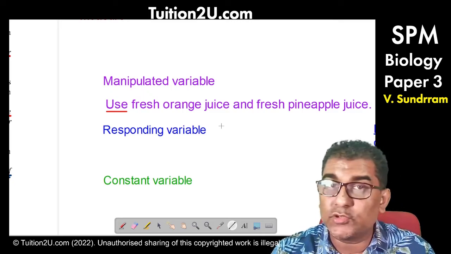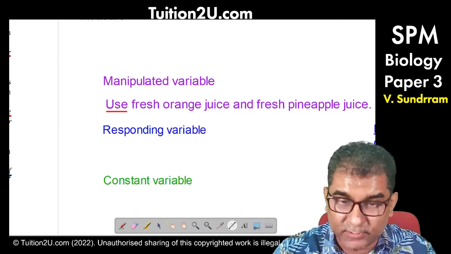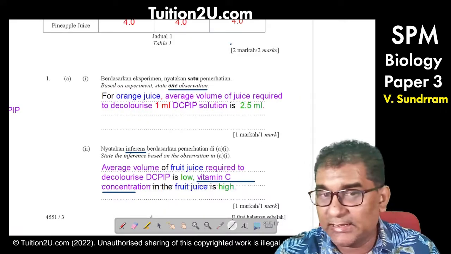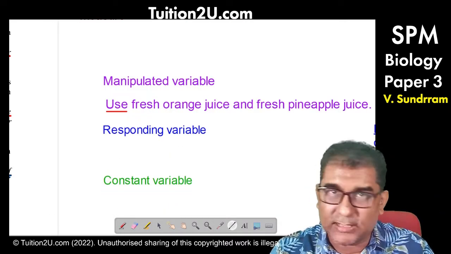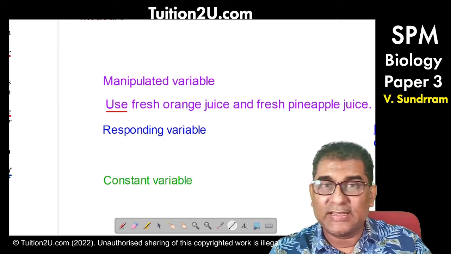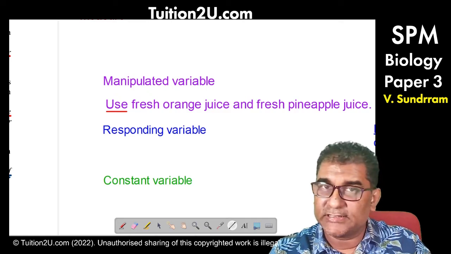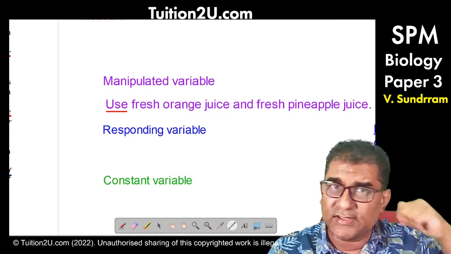Or you can say use different types of fruit juice, because the type of fruit juice is the manipulated variable. I normally like to mention what I'm using. So, use different temperatures of water bath: 0 degrees Celsius, 25 degrees Celsius, 37 degrees Celsius, 45 degrees Celsius.